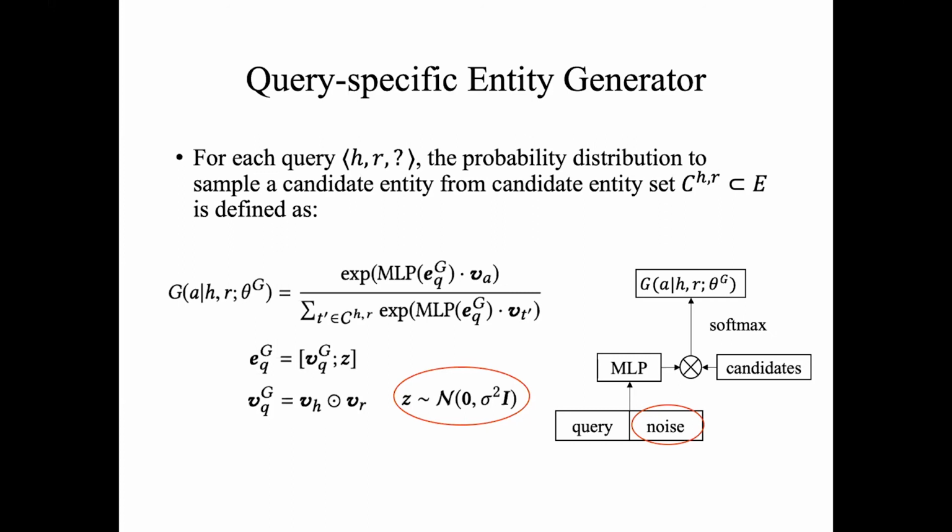We just concatenate the query and the noise to add more randomness. In our experiment, we just try to use the generator in this format. We may have further research, just as you say, on more formats of the generator.